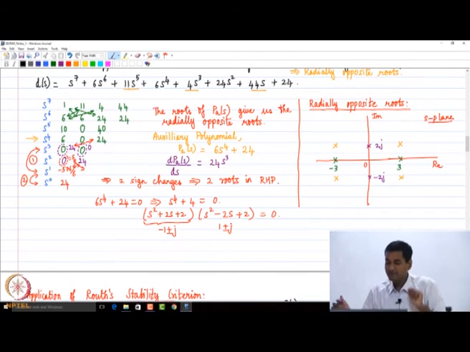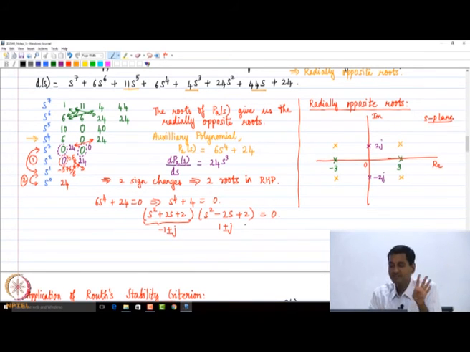Let me repeat it. I hope the construction of the routh array is clear, and all of us can agree that there are 2 sign changes. 2 sign changes means there are 2 roots in the right half plane. Please pay attention. You can see that the auxiliary polynomial is of 4th order, so you are going to have 4 radially opposite roots.